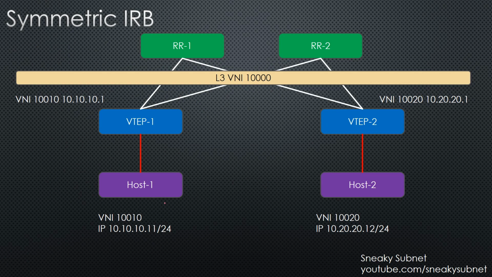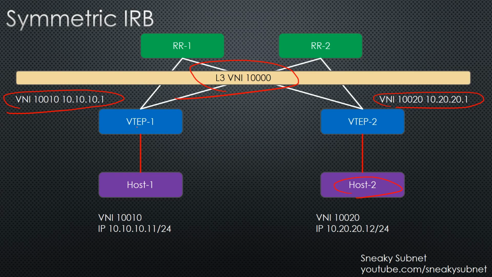Here we have basically the same setup, but VTEP number 1 has a VNI for its directly attached host number 1, and VTEP number 2 has a VNI for its directly attached host, which is host number 2. And VTEP number 1 and VTEP number 2 use a special layer 3 VNI, which is VNI 10,000, for routed traffic.